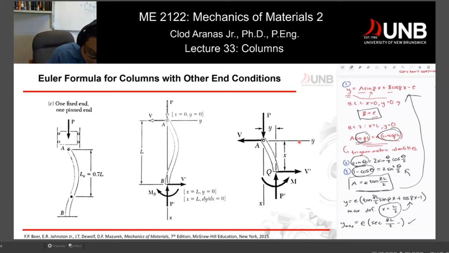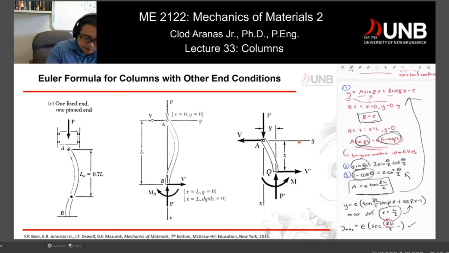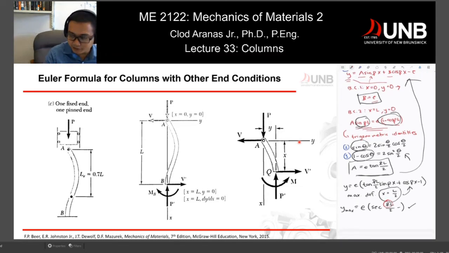However, it's not yet done because this part of the equation, which is small p, we only made some assumption that p squared is equal to whatever number. So we have this p squared, P over EI. So in reality, we have to put it back to our equation so that it would make sense.